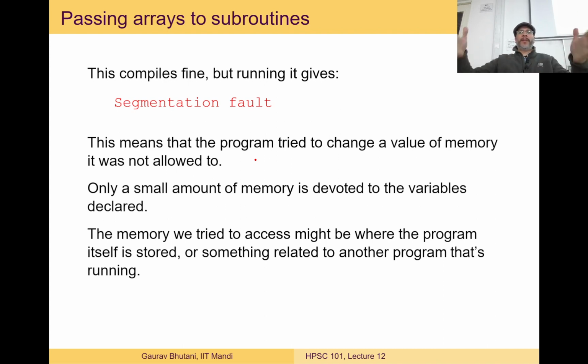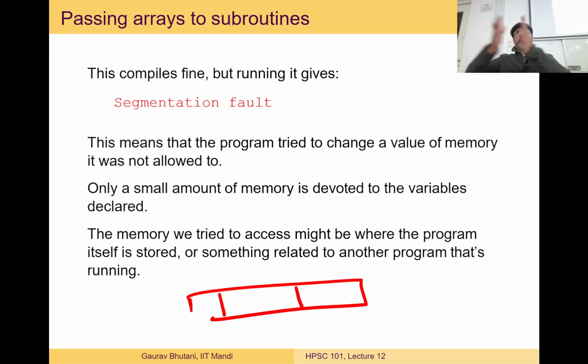That memory is available for the variables to be allocated to during the runtime. Now if you try to access more than what is booked in the code, what does that mean? It means that, let's say, you booked some chunk. Again, memory is linear, remember. So you book a chunk of memory.